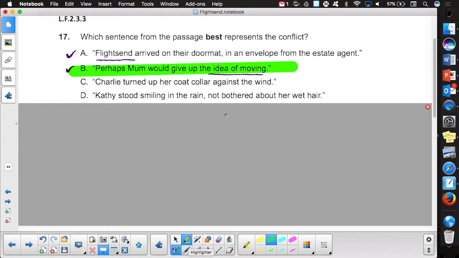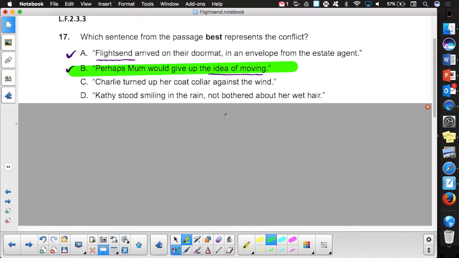I was thinking like, it might be a bad place if she was smiling, you know what I'm saying? Like the rain's bad, but she was still happy about it. Like the place was bad, but she's still happy about it. For D? Yeah, but that's not the conflict. Yeah, because I was thinking more metaphorically.